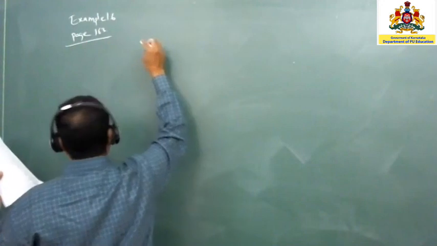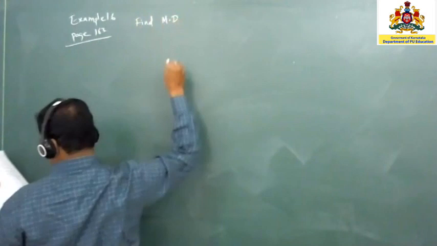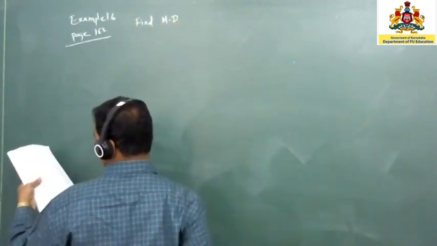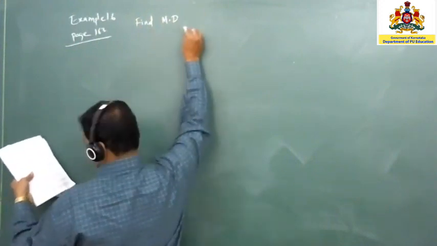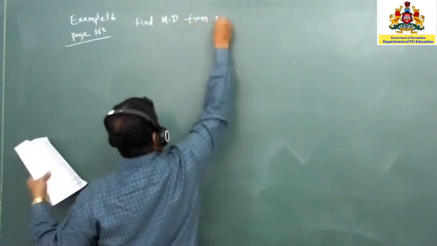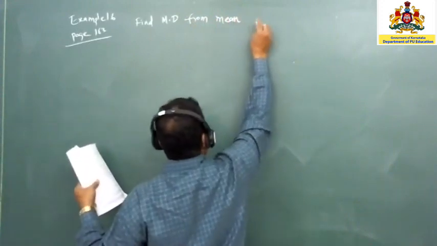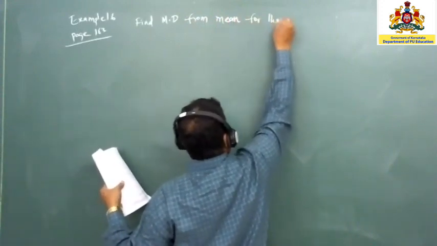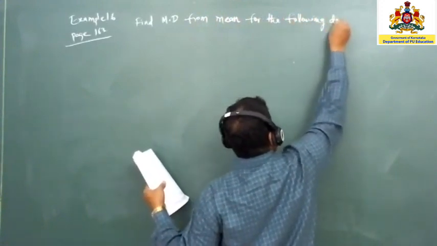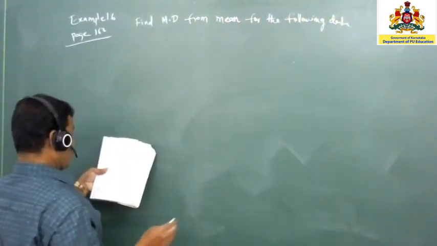The sum is: find the mean deviation from mean for the following data. The data is given in the textbook as difference.